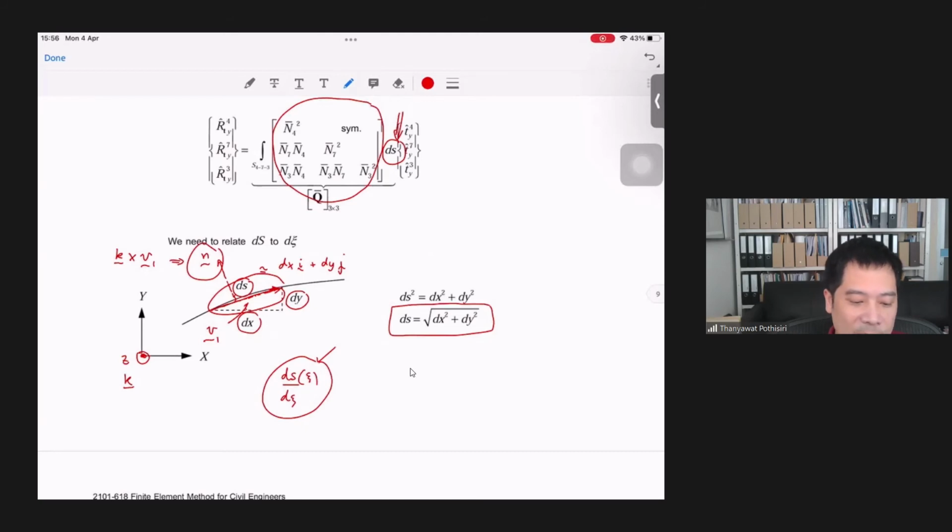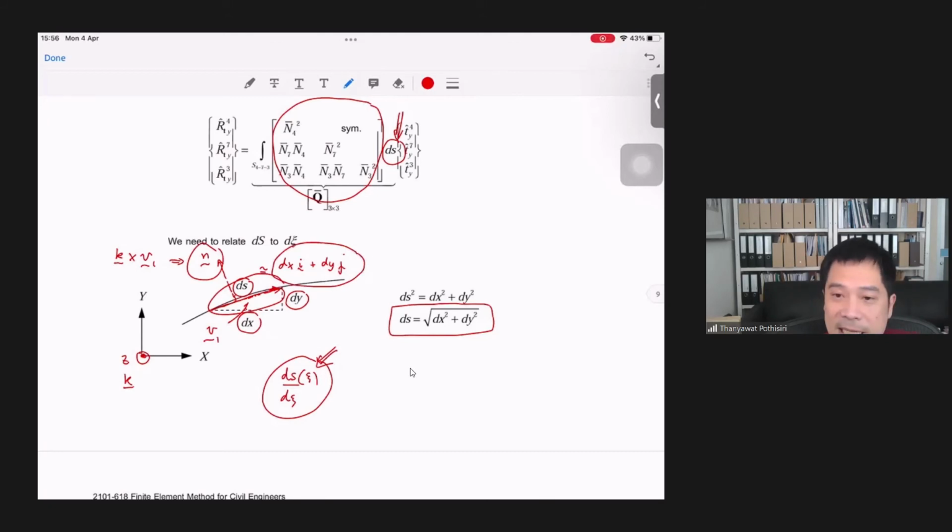All right. So we're going to try to do this to obtain our normal vector along the curve S. Based on this tangent vector, you know that you can write ds in this form.